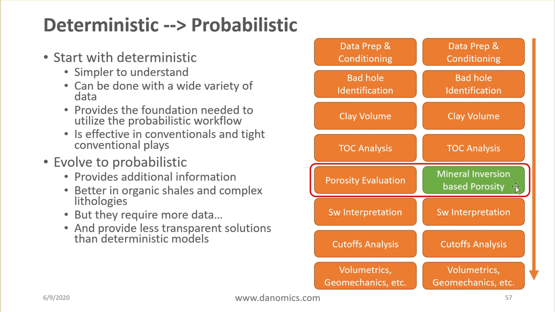We can also use the mineral inversion to calculate saturation as well, but many interpreters will calculate saturation outside of the inversion, and that's what we're going to discuss in some of the subsequent videos. Then you can go on and apply the cutoffs analysis and the volumetrics. So these are very similar, but there's just a subtle difference in the middle.